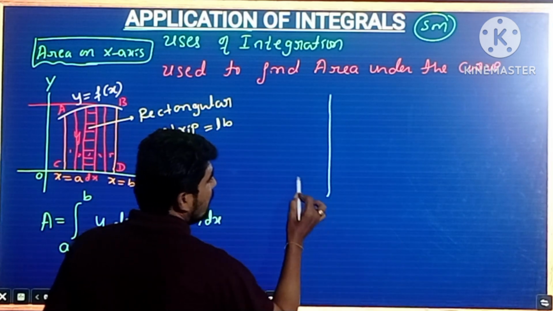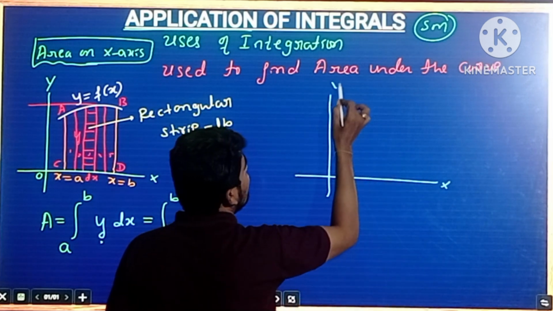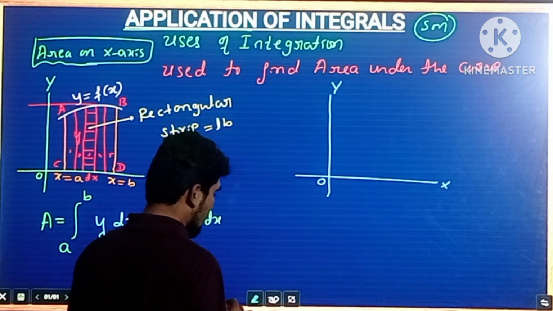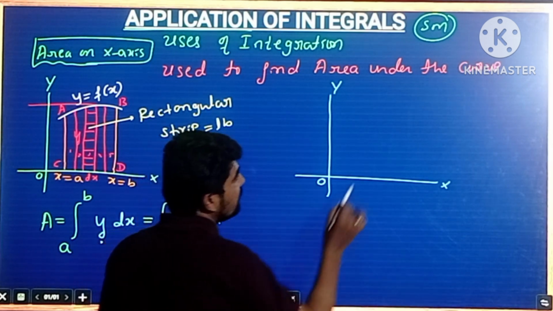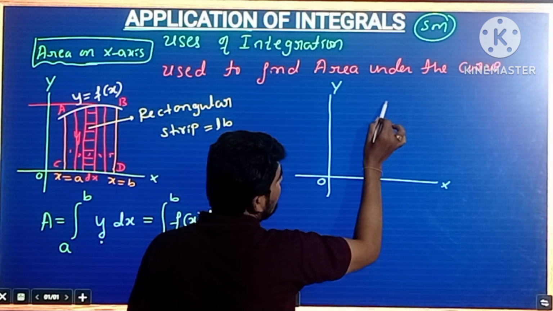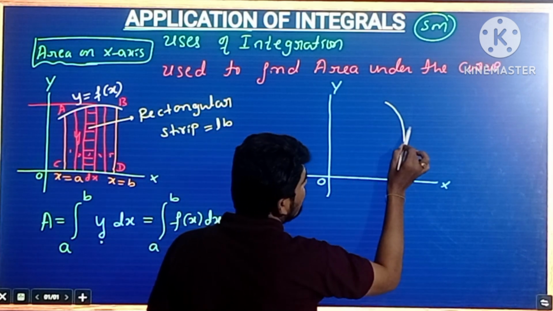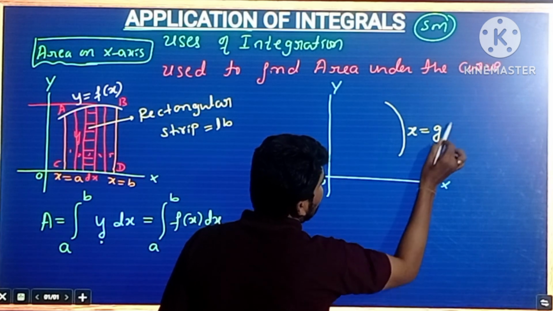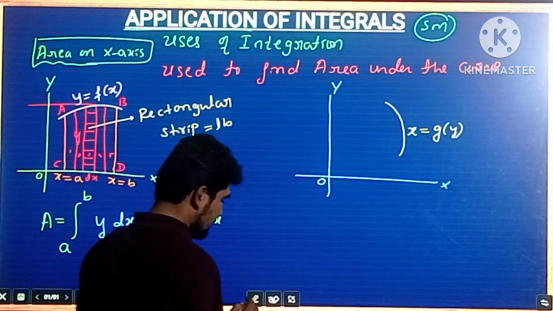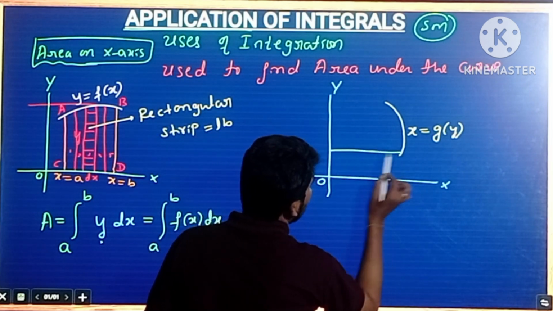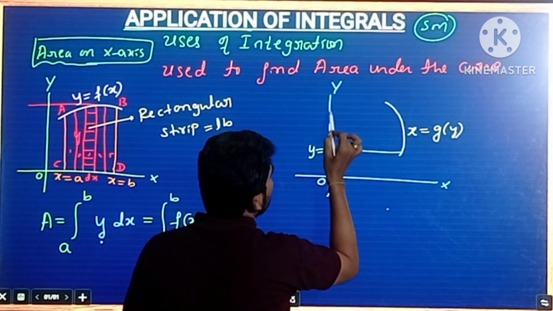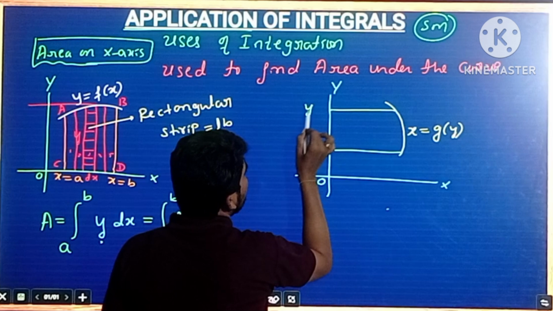x-axis, y-axis, origin, and suppose we have to find the area of the curve x equals g of y, from the line y equal to a to y equal to b.